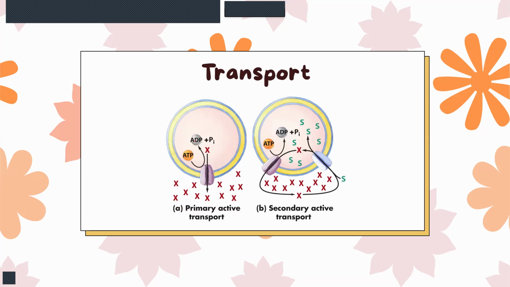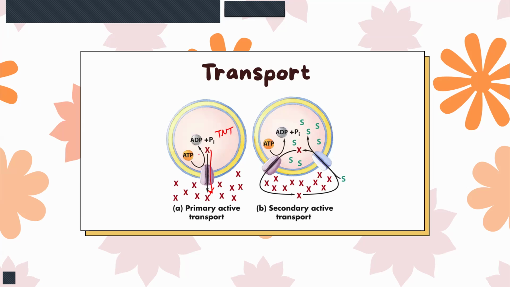What we can do, however, is use the hydrolysis of ATP to ADP and inorganic phosphate. So ATP is hydrolyzed to make ADP and Pi. That reaction releases energy, and it's almost like TNT that explodes and propels this X against its concentration gradient.